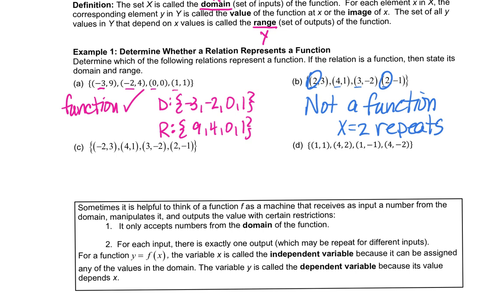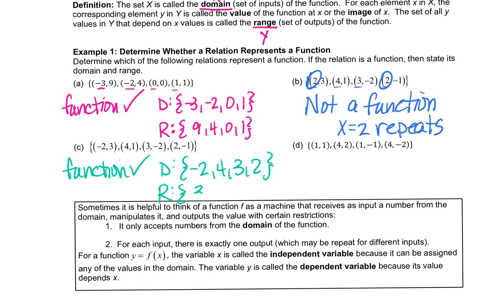Okay, the next one. I've got -2, 4, 3, and 2. So this is a function. And my domain is -2, 4, 3, 2. And my range is 3, 1, -2, -1.